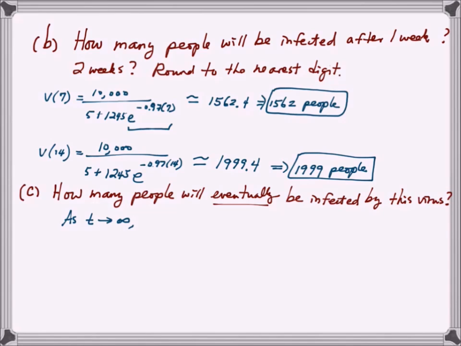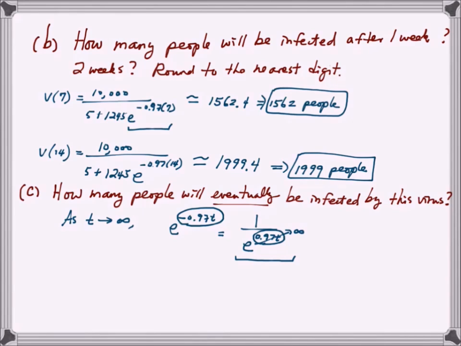Let's start with the e to the negative 0.97t expression. As t goes to infinity, this expression is equivalent to 1 over e to the positive 0.97t. It's easier to actually evaluate this expression. Again, when t goes to infinity, the exponent goes to infinity, and then we have e raised to a very large number.